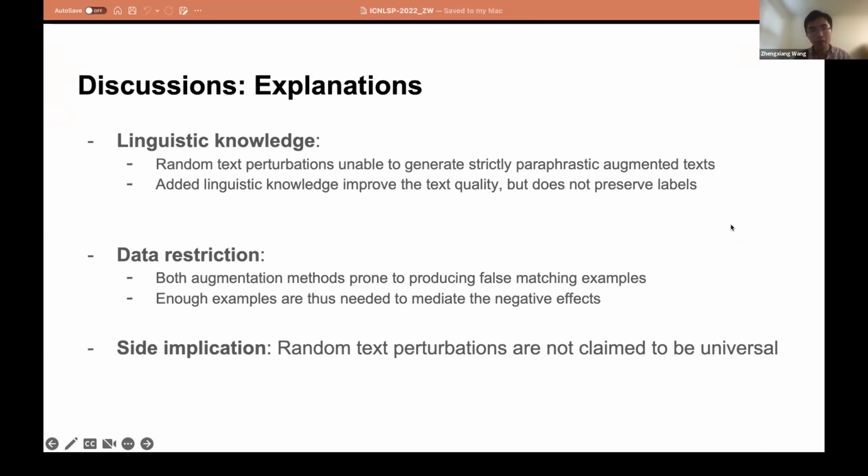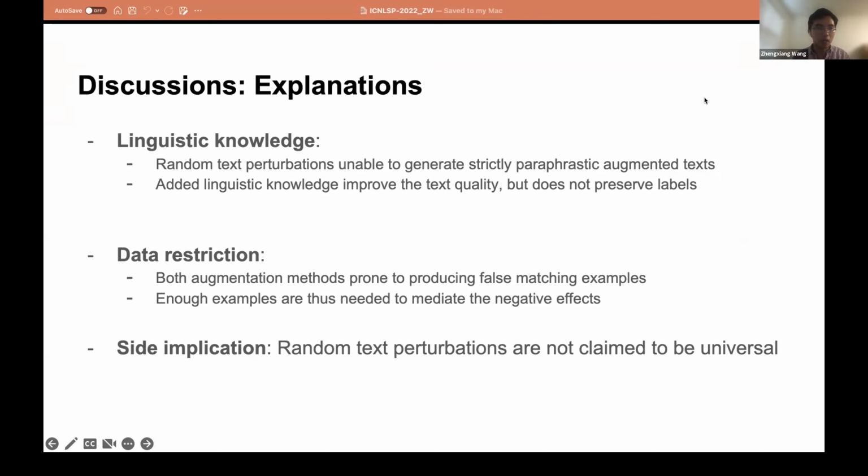That's because random text perturbation, as I mentioned in the very beginning, is unable to generate strictly label-preserving augmented text. And the added linguistic knowledge does improve the quality of the augmented text, but that does not preserve labels as well.